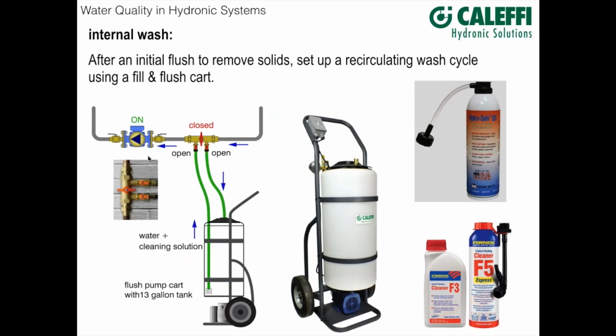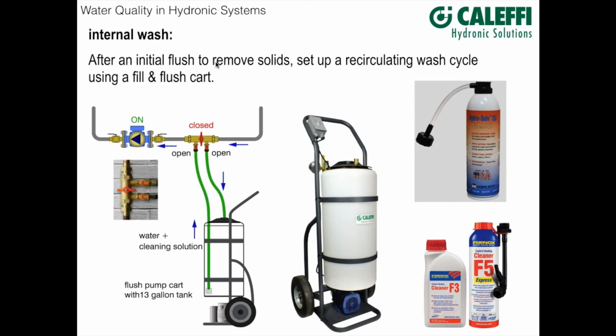It's a matter of setting up a flushing procedure like this. It's basically a fluid reservoir with a pump. Same type of valve assembly up here. We're going to pump the water with the washing solution in it through the system. It's a good idea to bring the system up to temperature, if at all possible. The washing action of that detergent is going to be improved at higher temperatures.